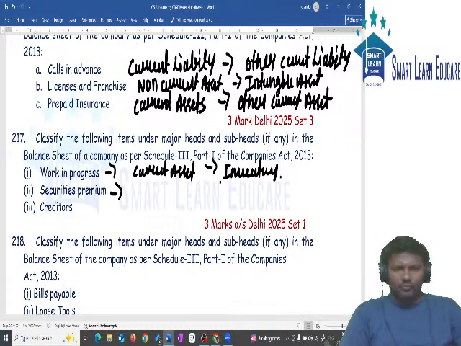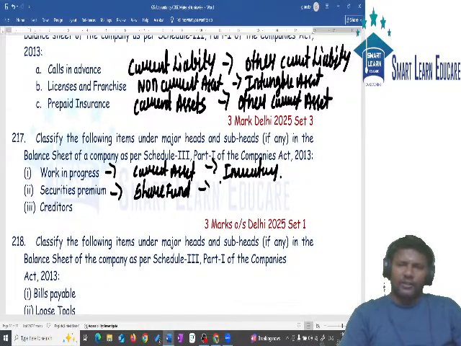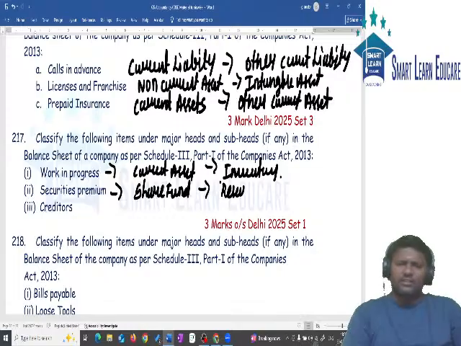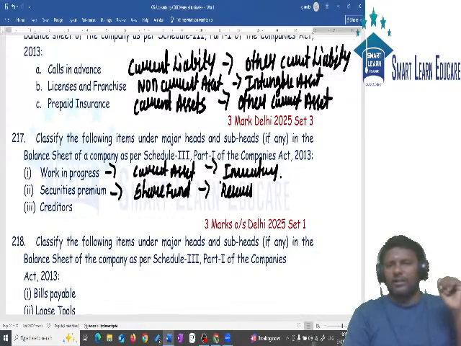Okay, securities premium is a capital profit. It will be shown under shareholders fund. In shareholders fund we have three categories: share capital, reserves and surplus, money received against share warrant. This will come under reserves and surplus. In reserves and surplus, the other things that will come are capital reserve, general reserve.